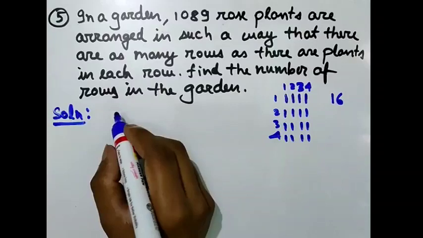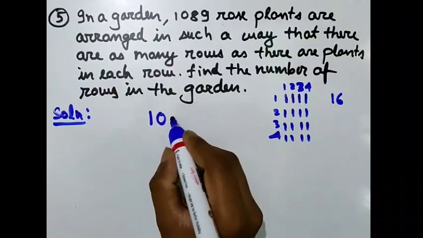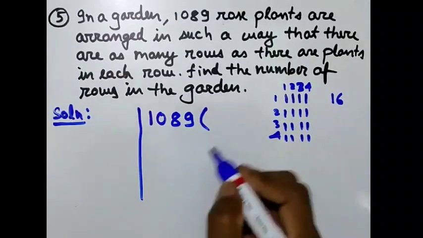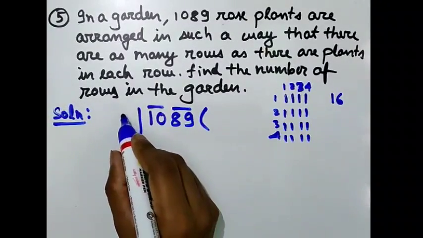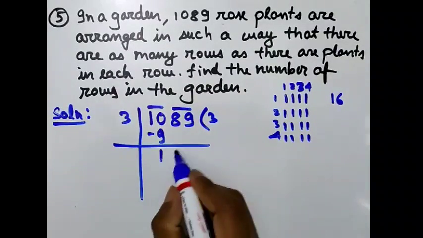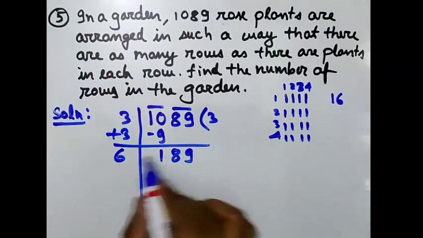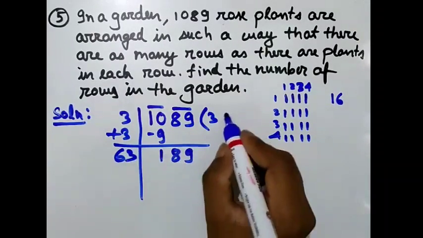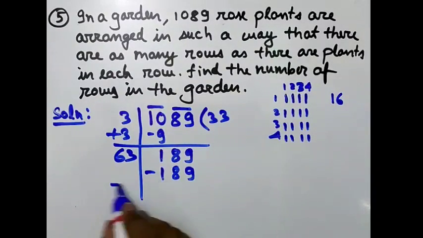Square root of 1089. Let's make pairs. The first number will be 3. 3 times 3 is 9. Let's subtract, so we get 1. Carry down 89. Then we add 3, we get 6. What number should I multiply? 3 times 3 gives us 9, and 189.